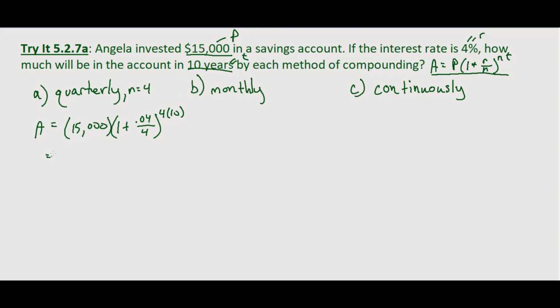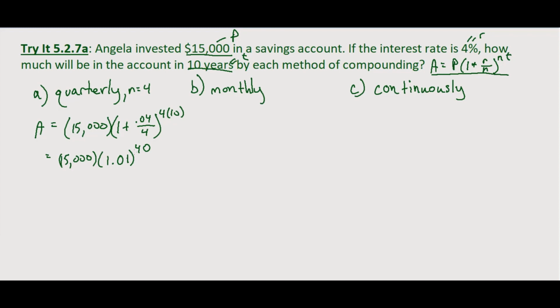So that equals 15,000 times 1 plus 0.04 divided by 4, which is 1 plus 0.01, so 1.01, to the 4 times 10, which is 40.